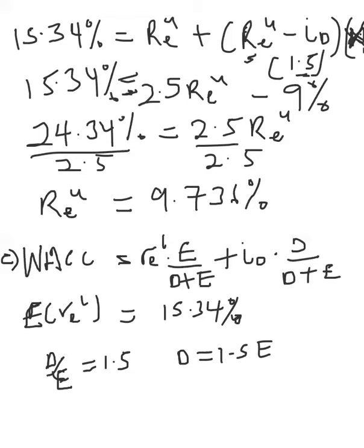That means value, which is equals to debt plus equity, is equals to 1.5 E plus E, right? So that means I have V, the value, equals to 2.5 E.